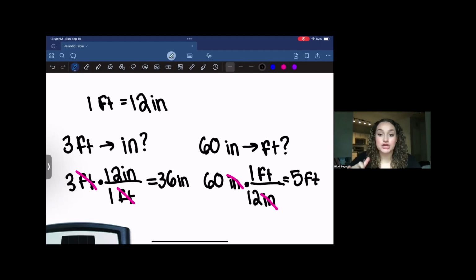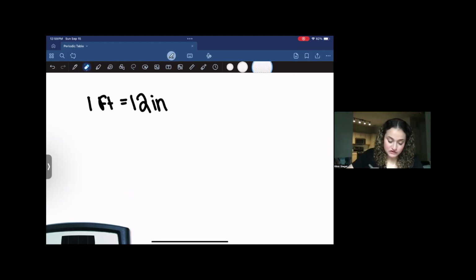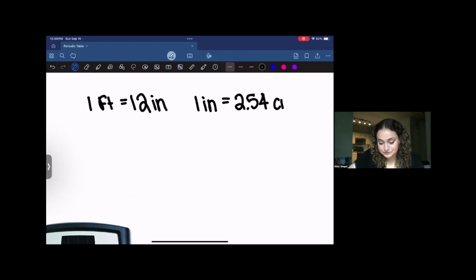In most cases, your dimensional analysis problems are going to be more complex. You're going to have to do multiple unit conversions in one. So to show this, I'm going to add in another conversion factor. We are also going to be looking at centimeters to inches. So in 1 inch, we have 2.54 centimeters.